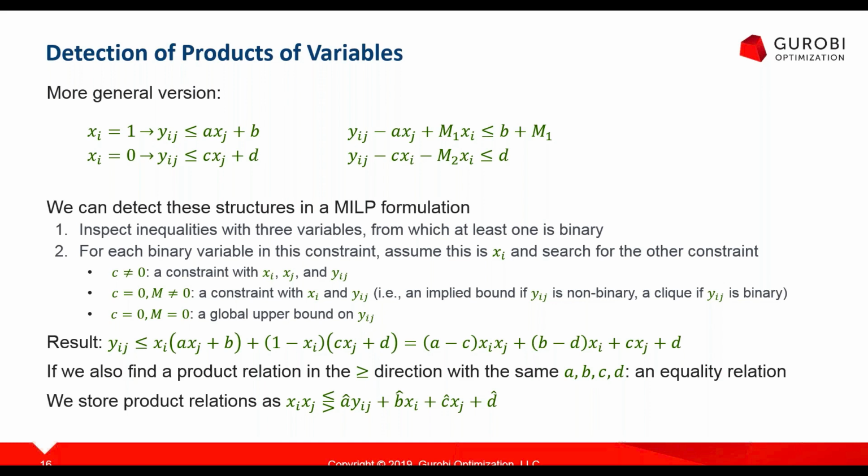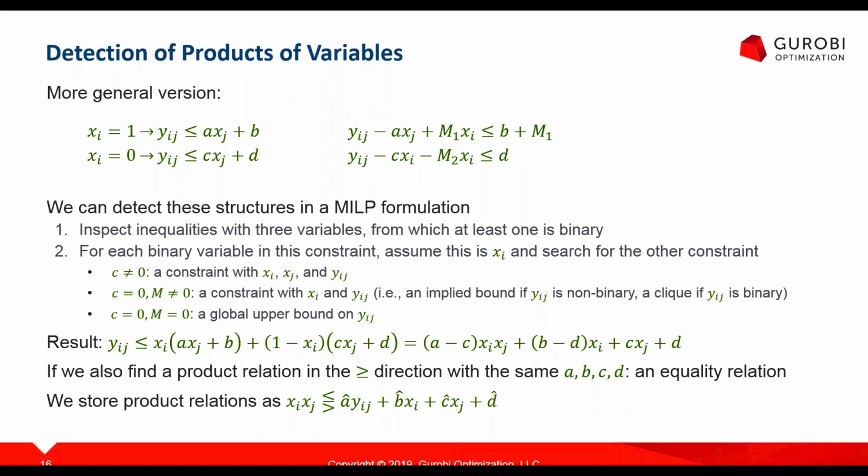So how can we detect these structures in an MILP formulation? What we do is we start with an inequality with exactly 3 variables from which at least one of them is binary. So we just go through all of our constraints. Whenever there's a constraint that has length 3 and has at least one binary variable, then this is one candidate to start with. And now for each of the binary variables, so there can be more than one in this constraint, we just assume that this is our xi variable, and then we search for the other constraint in the remaining constraint system.